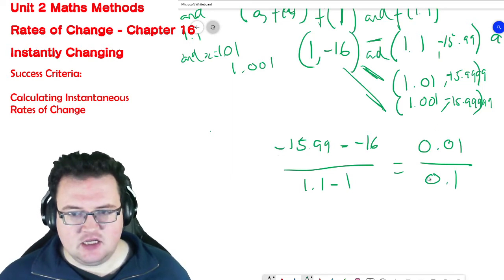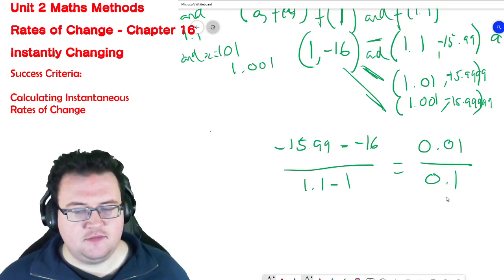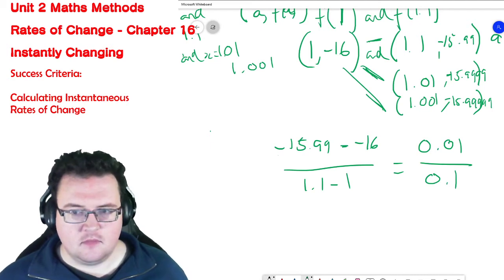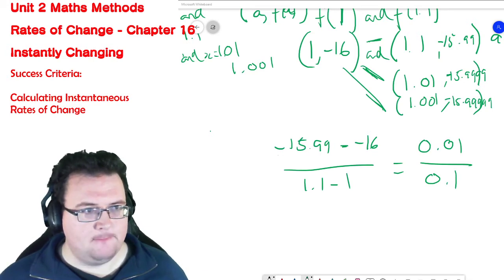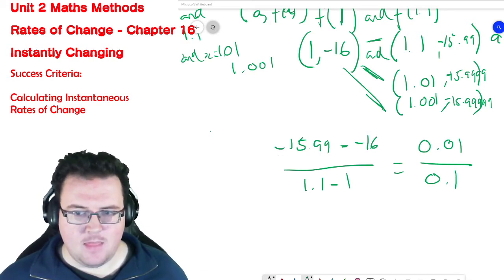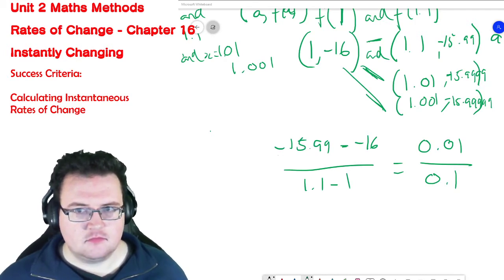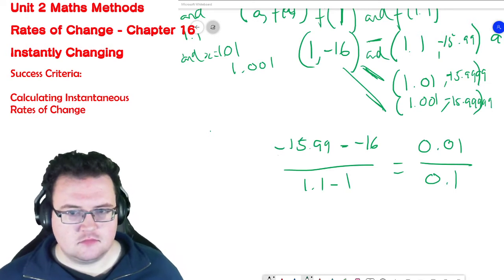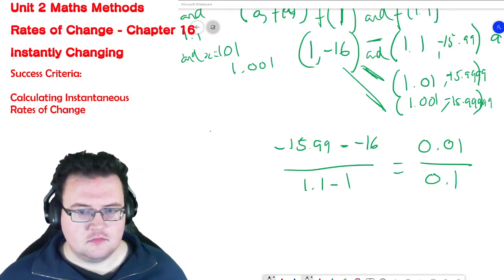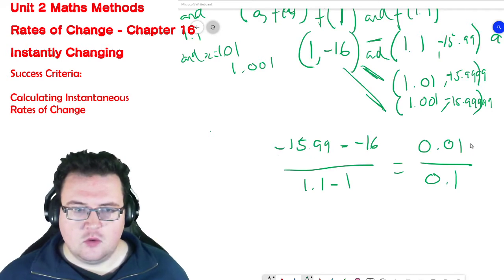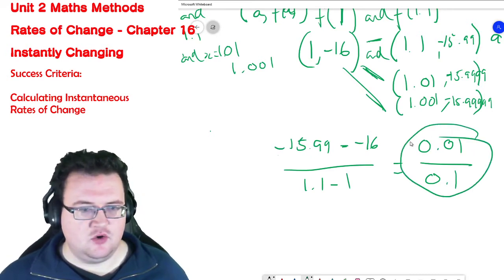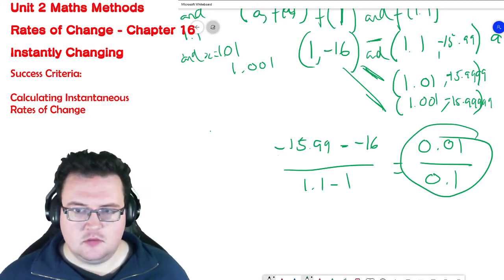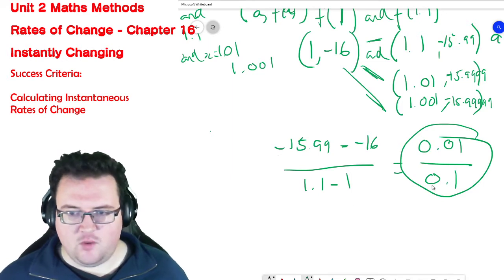So what is that divided by that? So what is 0.01 divided by 0.1? All right, what is that? Use your calculators to help me find out. Yep, 0.1.